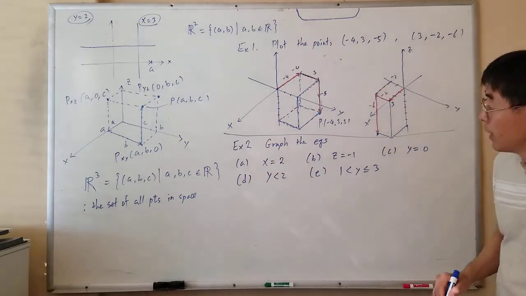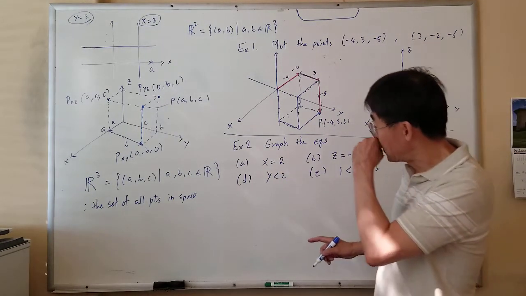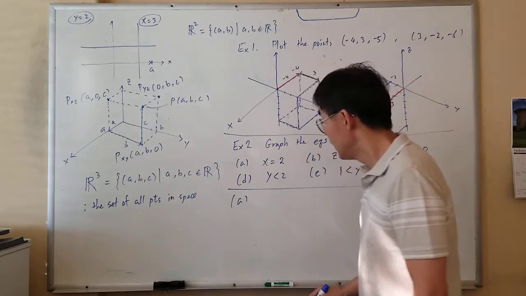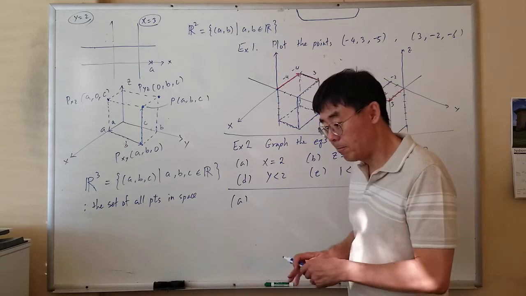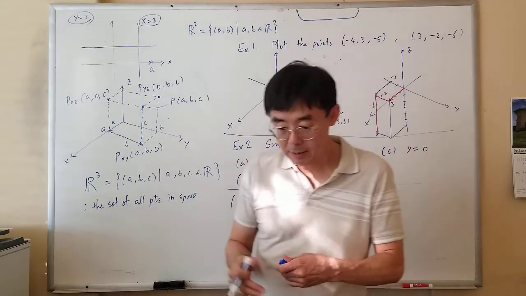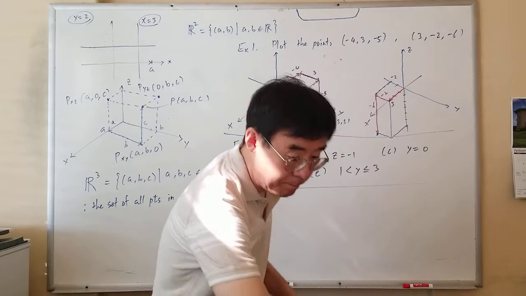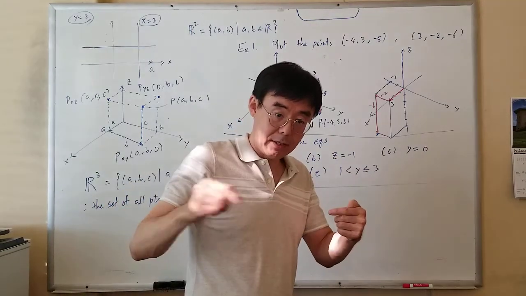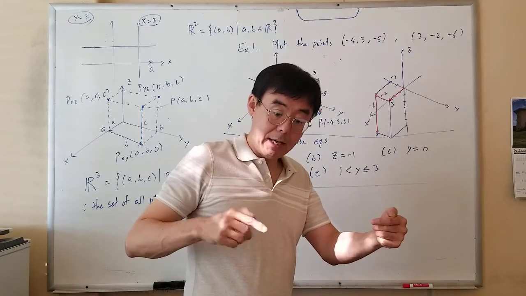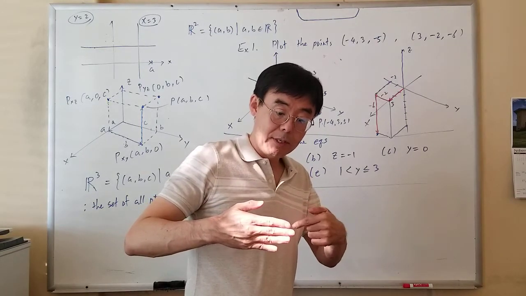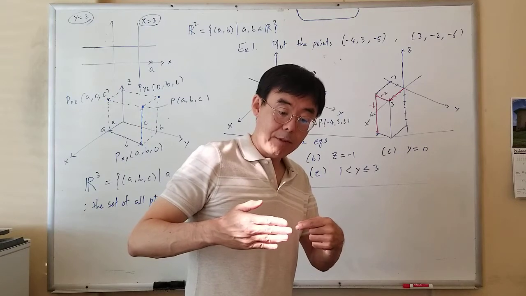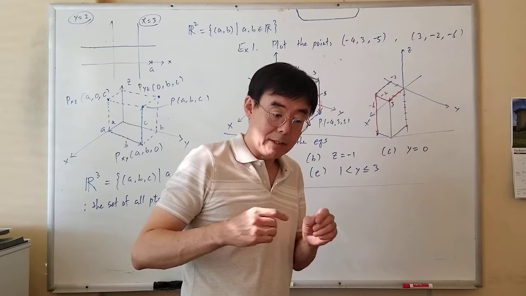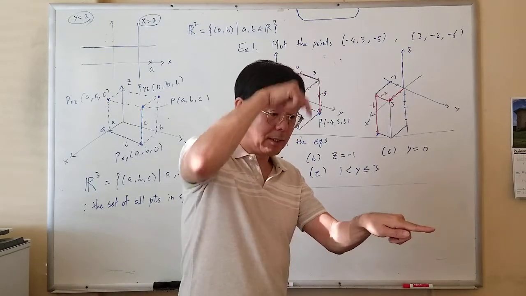Well, x equals 2: think about it. Here, when you have x, y, and z, the x coordinate is 2, meaning every point whose x coordinate is 2, and the y and z coordinates can be anything. This is y and z.